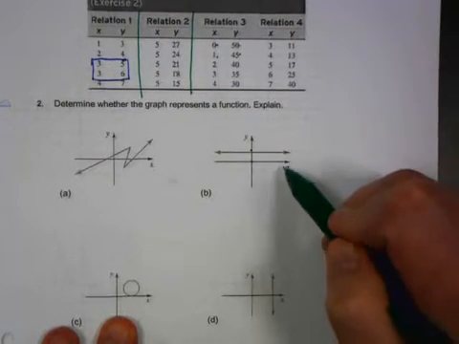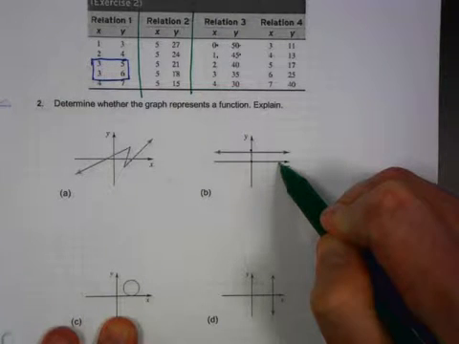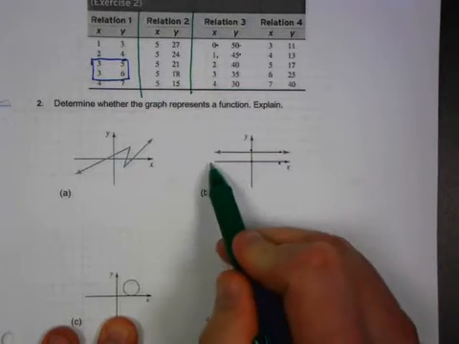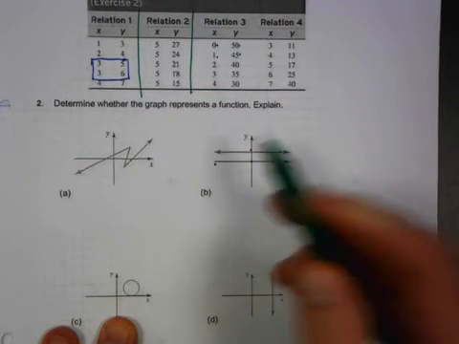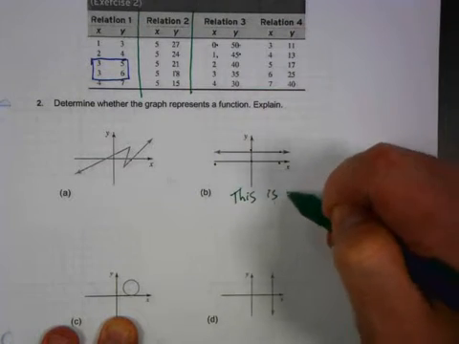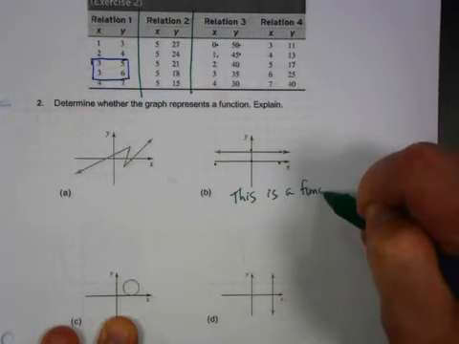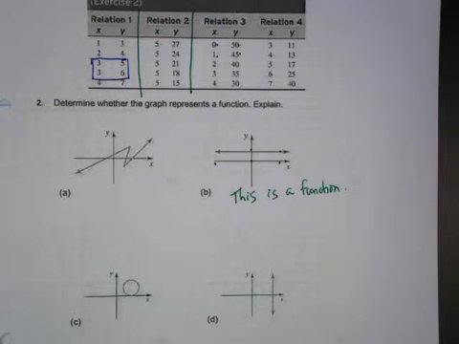And if I told you x is 5, you would tell me y is 3. No matter what x number I pick, how many y numbers are you going to give me? 1. So I agree. This is a function. No matter what x number I pick, you're only going to give me one y number.